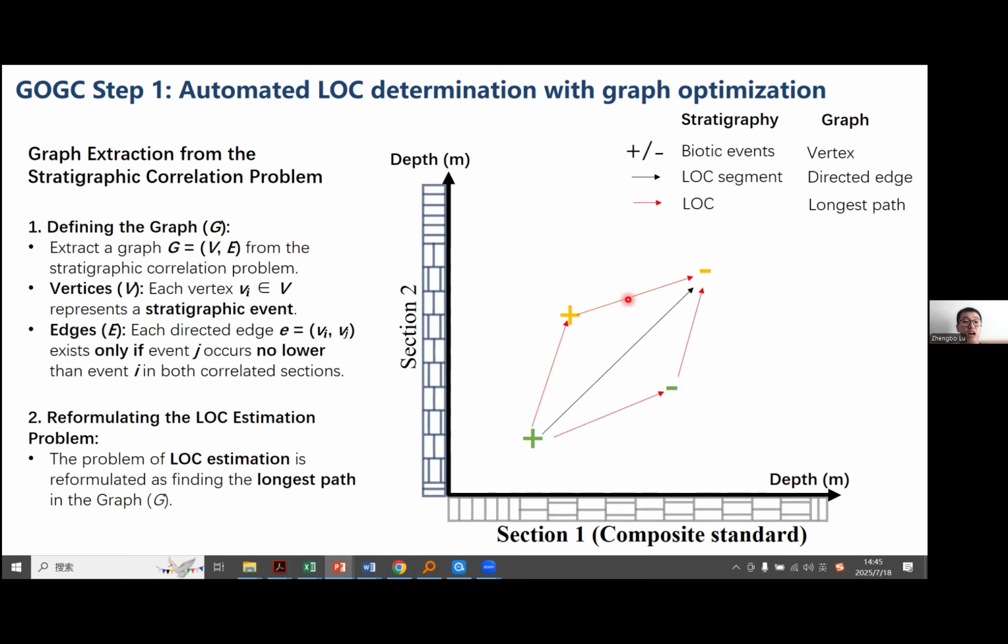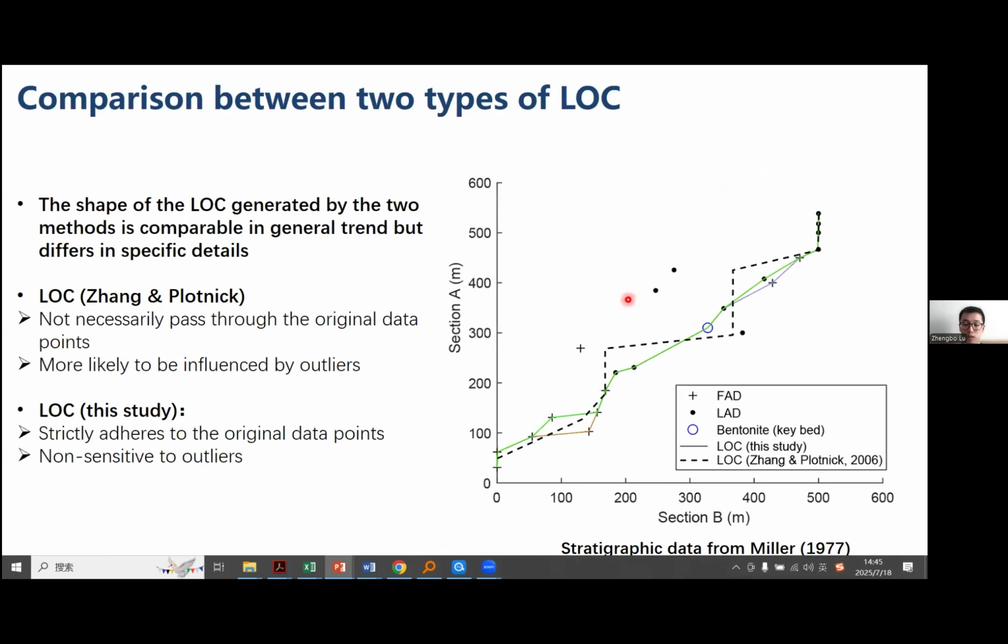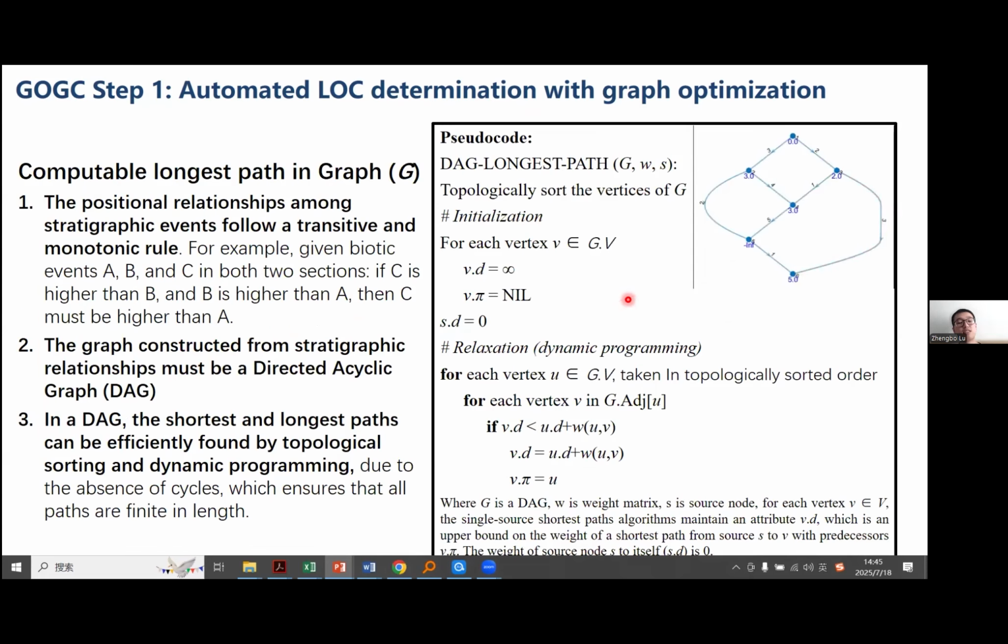As I mentioned above, finding the longest path can sometimes be very difficult if our graph is very complicated. However, here, thanks to the transitive and monotonic positional relationship among our stratigraphic events, it can be solved easily.